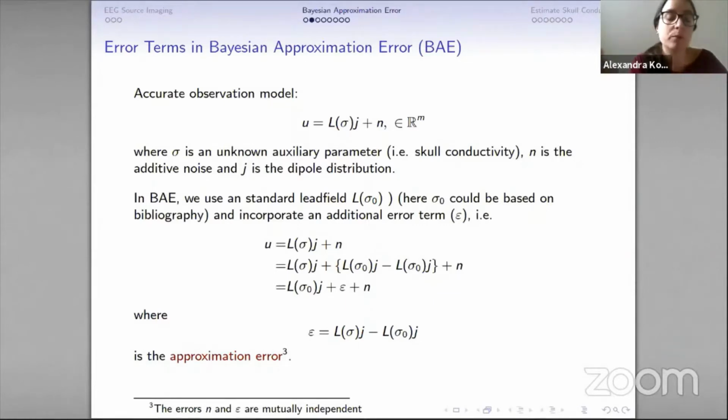This could be from the literature. We can pick the value, and we have here this epsilon, which is the difference between the results of the standard and the true model, plus the noise.